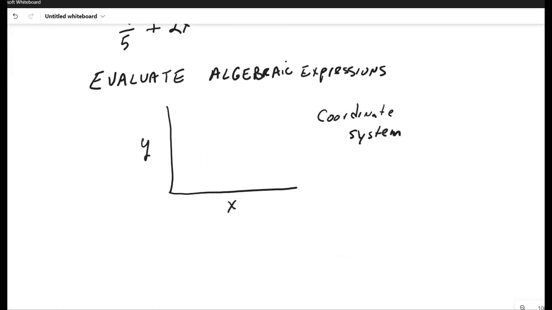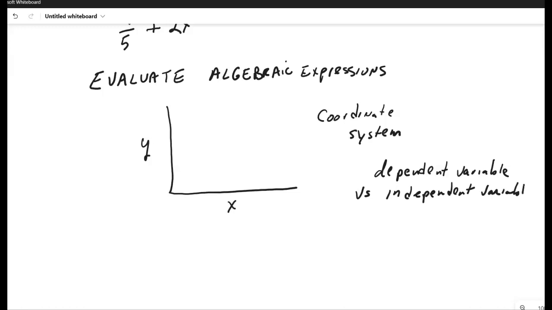We have the dependent variable versus the independent variable. And you always have the dependent variable on the y-axis and the independent variable on the x-axis.